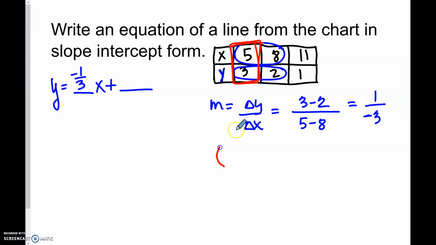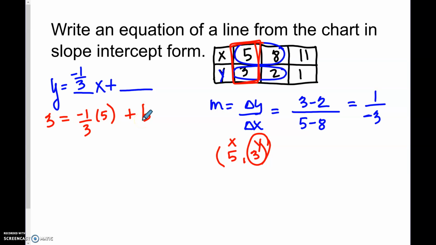In here, this ordered pair is 5, 3. This is my x, this is my y. So in place of y, I'm going to put 3, and in place of x, I'm going to put 5. So I have -1/3 times 5.